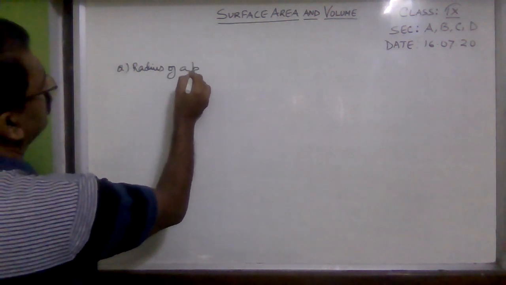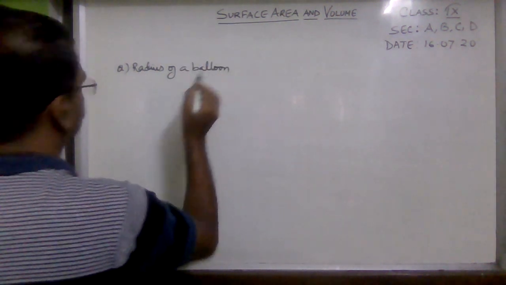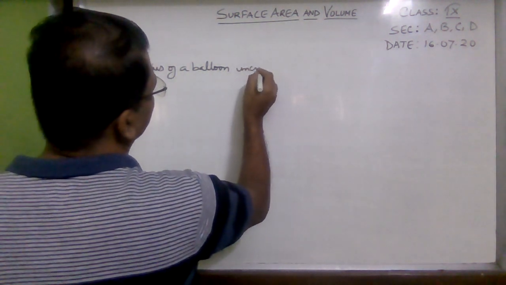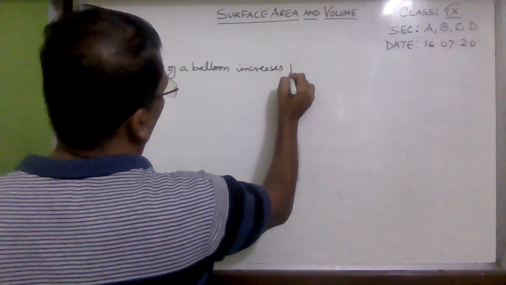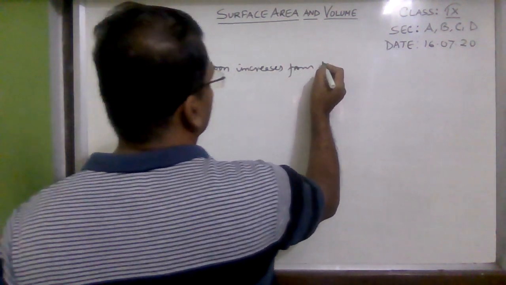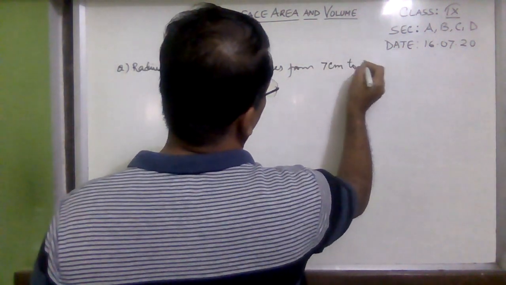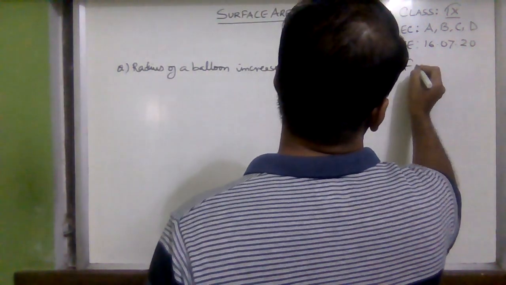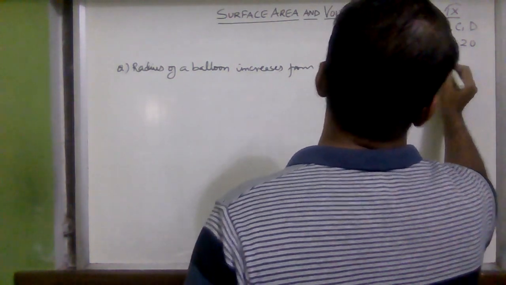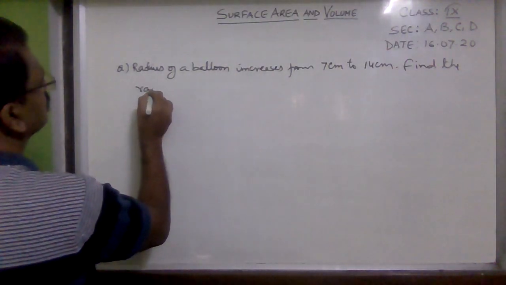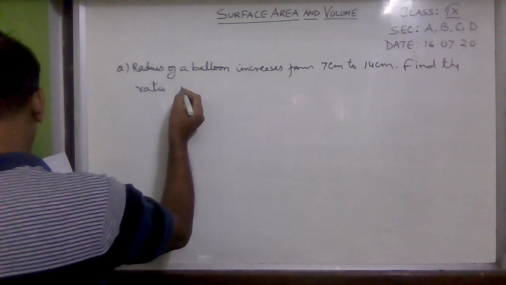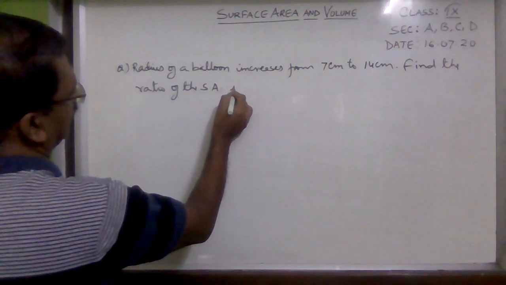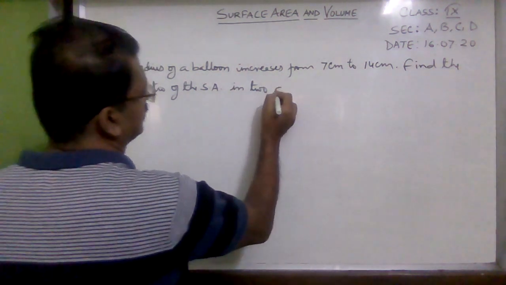Radius of a balloon increases from 7 centimeter to 14 centimeter. Find the ratio of the surface area in two cases.